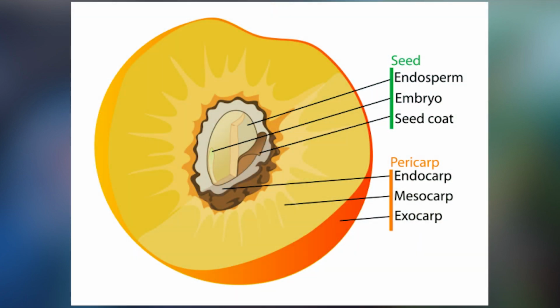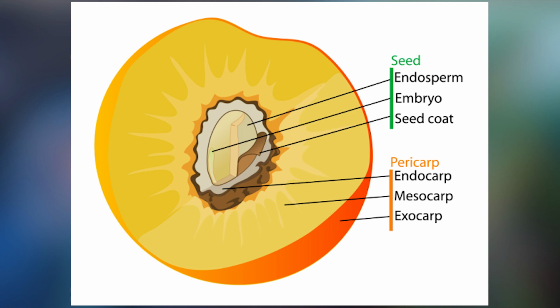Moving on to drupes. These are fruits in which the outer fleshy part surrounds a single shell, which is called the pit or the stone, which is derived from the ovary wall. So in the case of drupes, the inner seed is contained within a hardened shell, which is what we call the stone or the pit inside the fruit. And the part that we eat is formed from only the outer two layers of the pericarp, so the mesocarp and the exocarp.